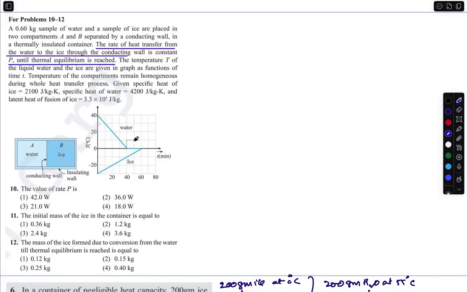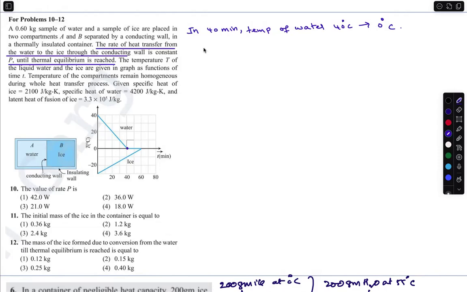See, the total picture is for 40 minutes. So in 40 minutes, the temperature of water has fallen from 40 degrees centigrade to 0 degrees centigrade.